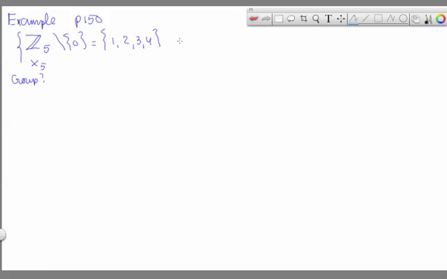Now, first of all, to have an idea of what we're talking about, let's have a look at the Cayley table. This is the multiplication modulo 5. Here I have my elements. And for instance, 2 multiplied modulo 5 with 4 gives me 8. If I divide that by 5, the remainder equals 3. So that's my answer.